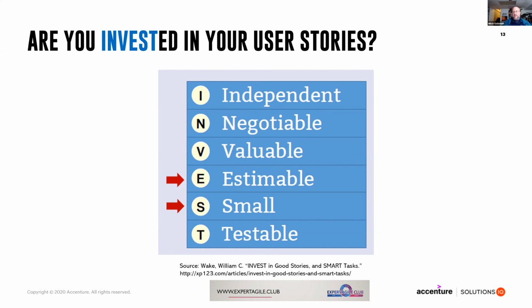Going into all of these is beyond the scope of this talk, but I'm going to talk about 2 of them: estimable and small. User stories must be estimable, and they must be small. Now we'll talk about why that is.